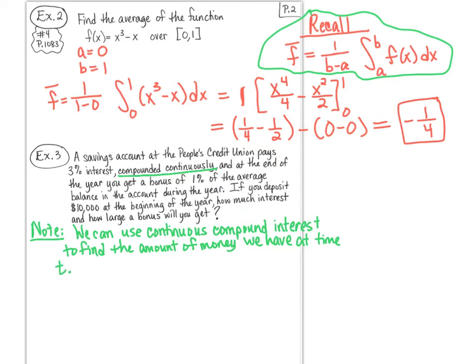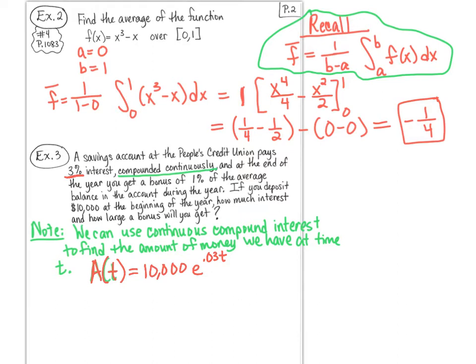Okay, so remember that means A of t, and I'll use a different color here so it'll stand out a little bit. So A of t is equal to 10,000 because that's what we're putting in or depositing at the beginning of the year, e raised to our interest, which is 3%, so 0.03 t.